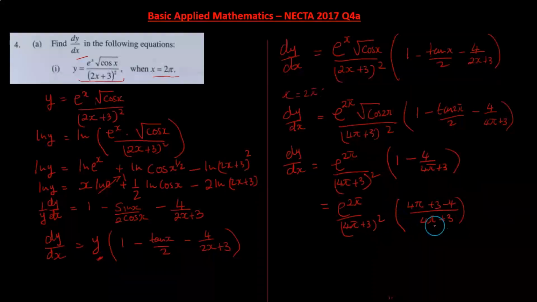We can now simplify. We can see this is the same as this one here. So dy/dx is going to be equal to e^2π over (4π + 3), and now I'm going to put these together, so that will be to the power 3, and inside the bracket you will have 4π minus 1.